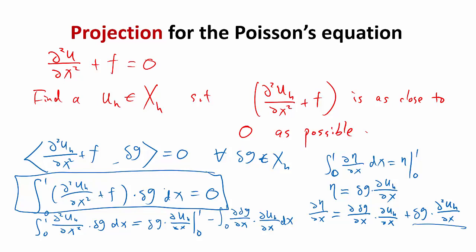In other words, if I can find a set of basis functions whose linear combination can represent any delta G, then I only need to enforce this equation on this basis in order for this equation to be true for any delta G. So instead of writing this equation for any delta G in the obscure setting, let's write it more explicitly.